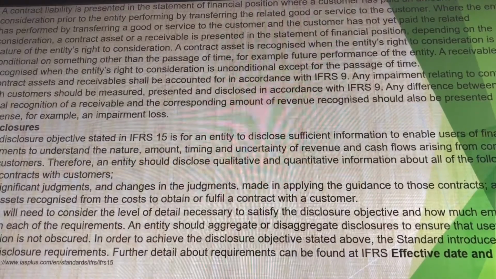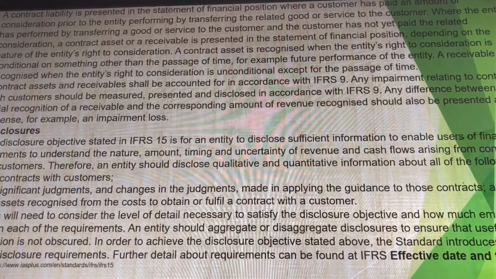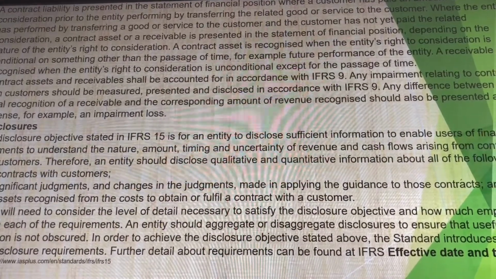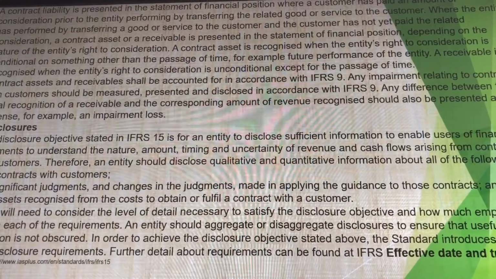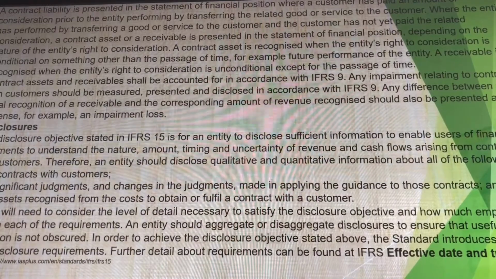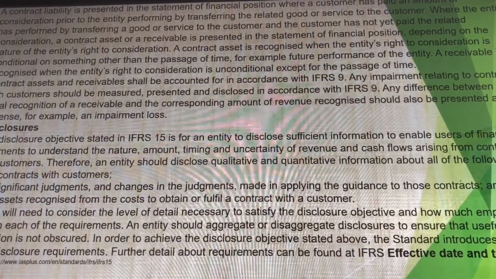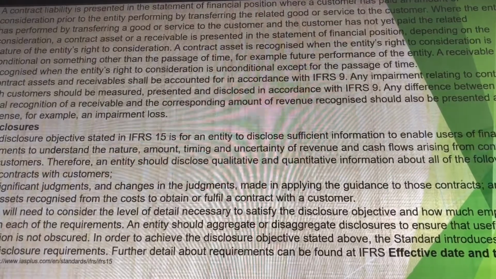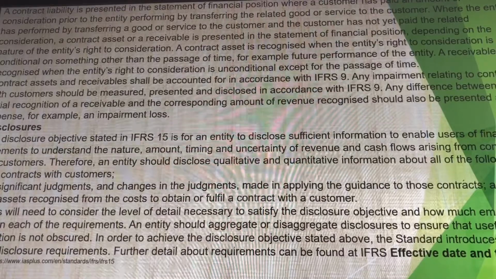So let's talk about disclosure in IFRS 15. The disclosure objective is for an entity to disclose sufficient information to enable users of financial statements to understand the nature, the amount, the timing, and uncertainty of the revenue and cash flow arising from the contract.